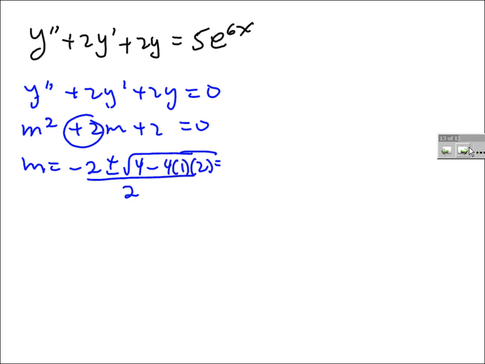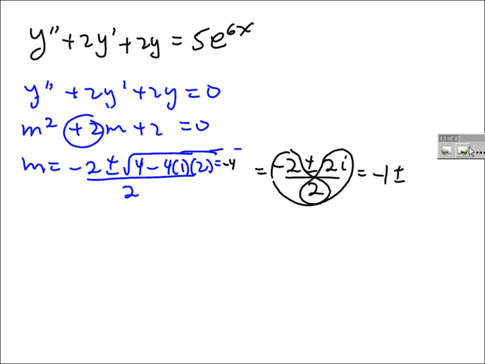What's underneath there is negative 4. So we have negative 2 plus or minus the square root of negative 4, which is 2i, over 2. This gives us negative 1 plus or minus 1i. So that's the a and that's the b.